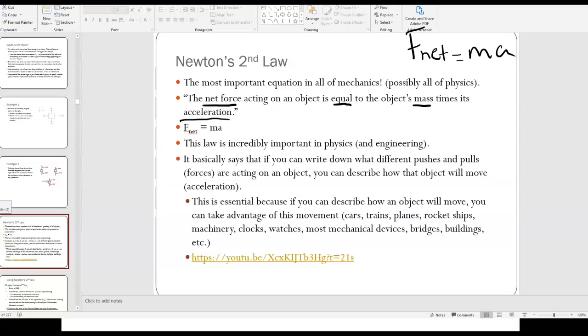Okay, so I call this equation the killer bunny equation, and the reason I call it the killer bunny equation is because it looks very cute and simple. It looks like a simple thing. There's only three things in the equation: net force, mass, and acceleration. But actually doing problems with this equation is much more complicated than it seems. And if you don't know what I mean by killer bunny equation, I will link a video clip that I like to show every year with a killer bunny in it.